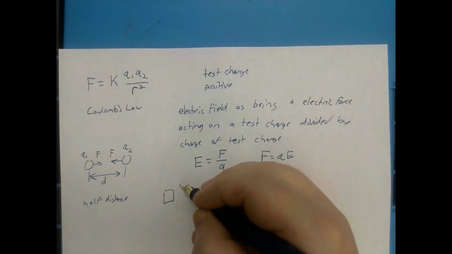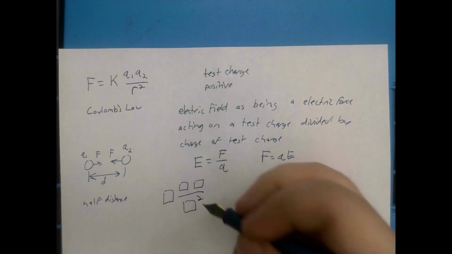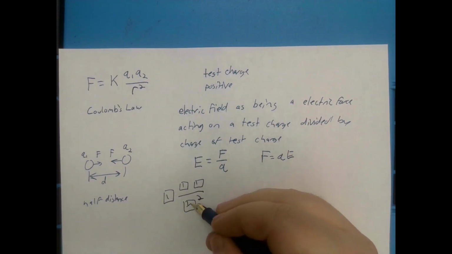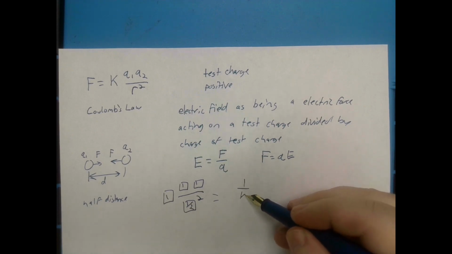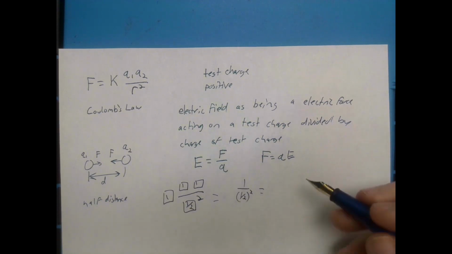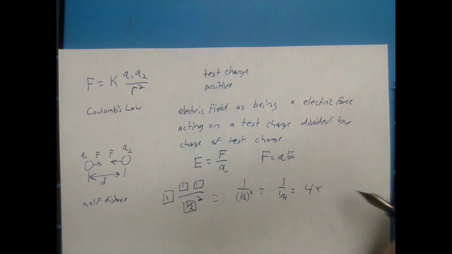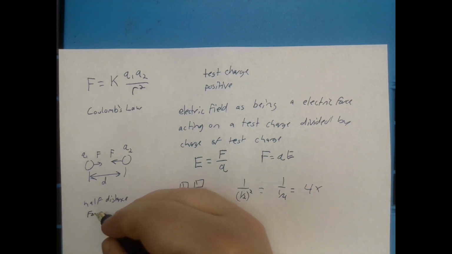We have a box, a box, a box, divided by a box squared. So I'm making this a half, and this would equal 1 divided by a half squared, which would be 1/4, which would be 4 times. If you halve the distance, the force quadruples.